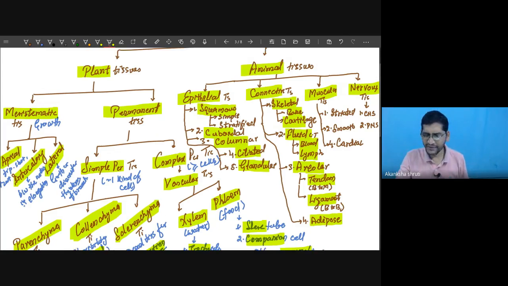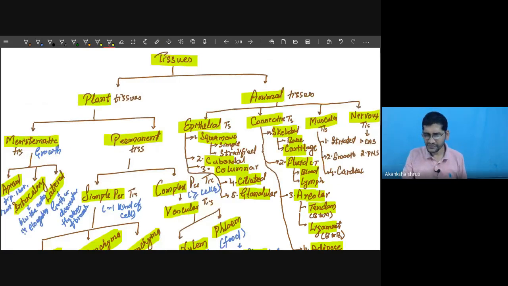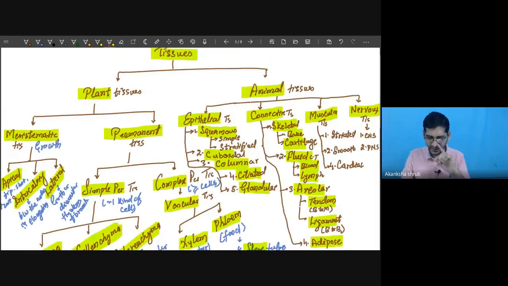The next one is our muscular tissue. Muscular tissues are of different kinds. Like the muscle of this hand is different from the heart, different from that of the thigh. Some are more flexible, some are less flexible. So the muscles that are not flexible are striated muscles.